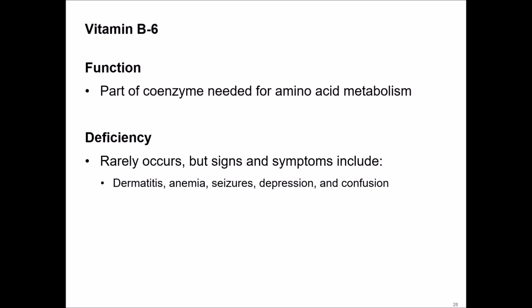So it's pretty common to have enough of the vitamin B6 in our diets. But you can see some of the symptoms here, and a lot of this goes back to something related to metabolism or nervous system functions, including seizures, depression, confusion, but also anemia and dermatitis.